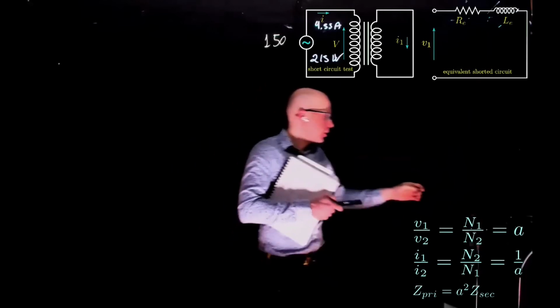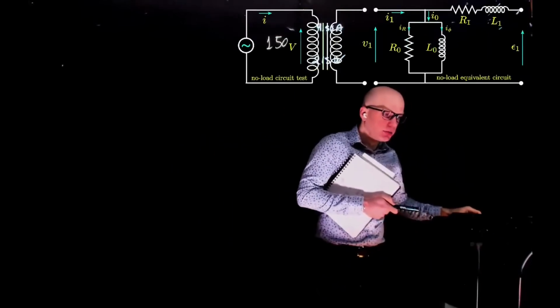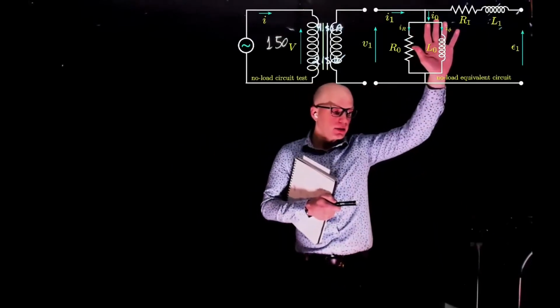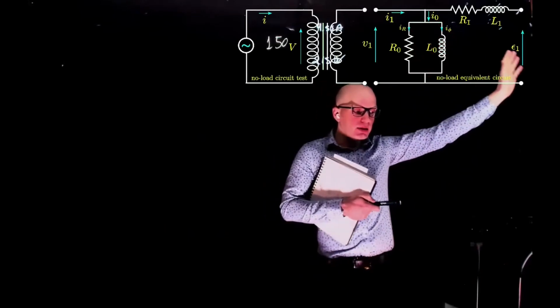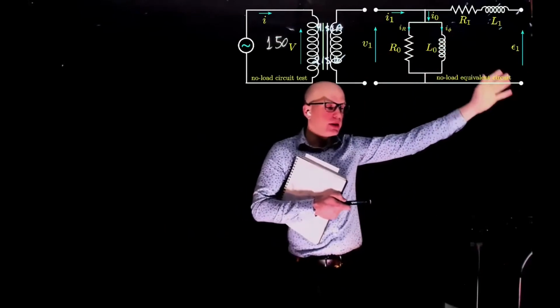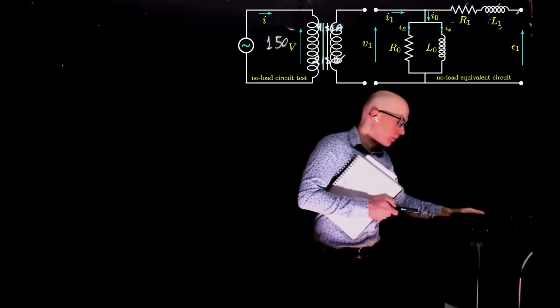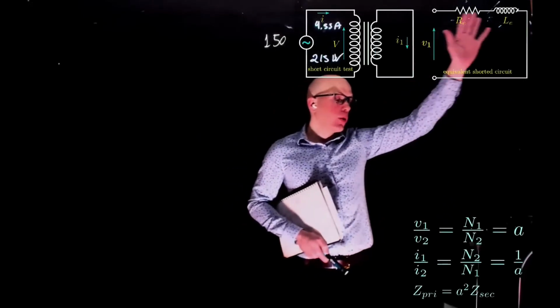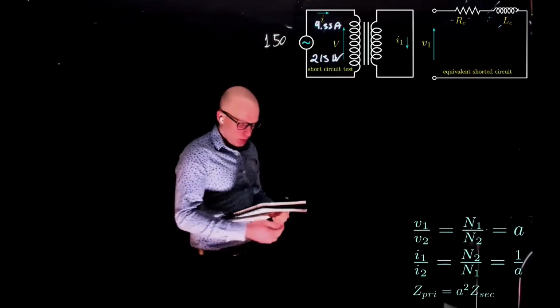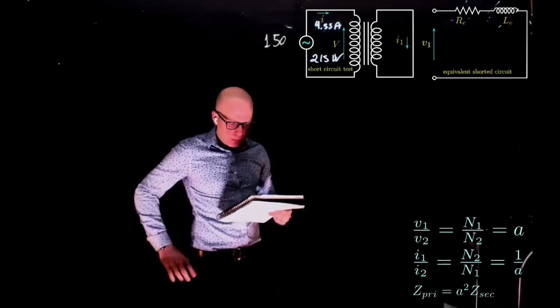Let me go back to this portion here. So we are neglecting this, and you're taking the secondary impedance R2 and L2 and moving it to the primary. And this is the equivalent resistance and reactance in the primary.